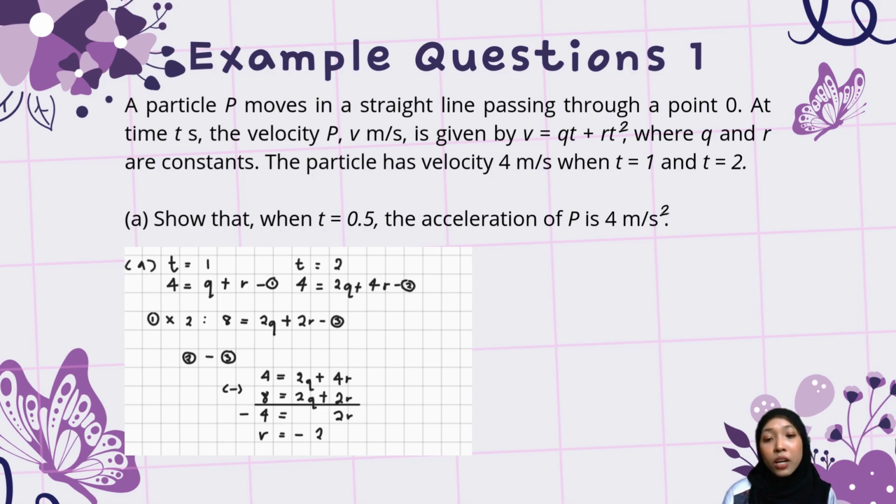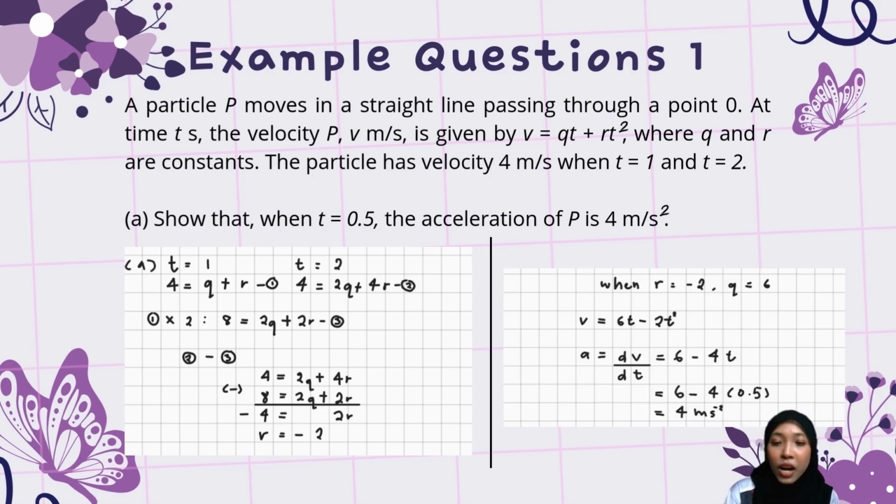So now we have r. When r equals negative 2, we can also calculate the value of q. We put r into equation 1 and we get q equals 6. So now we have r and q, and we put them into the equation given in the question.